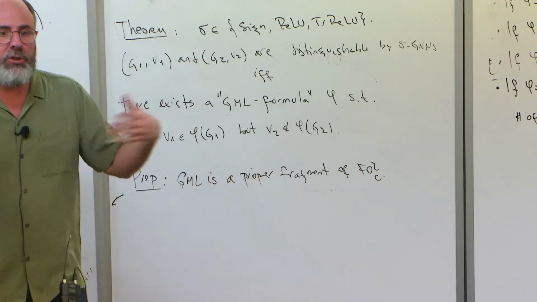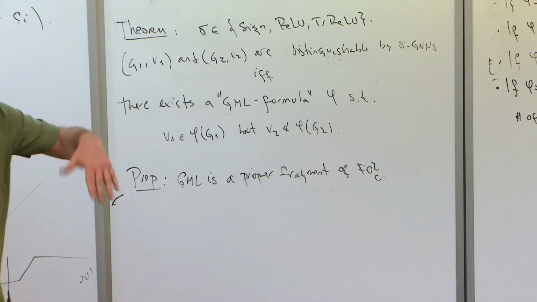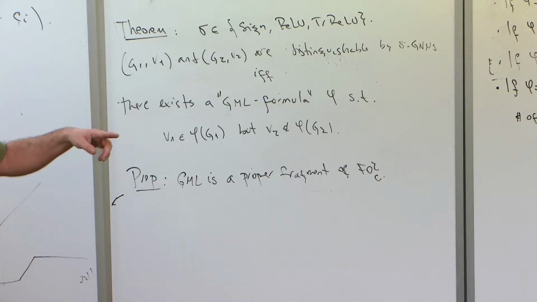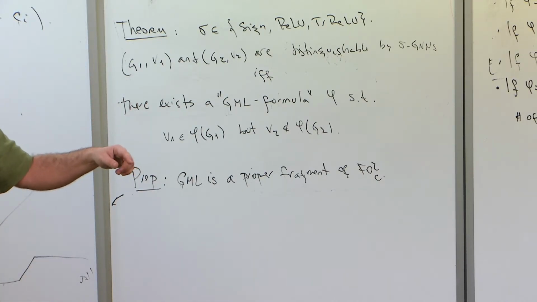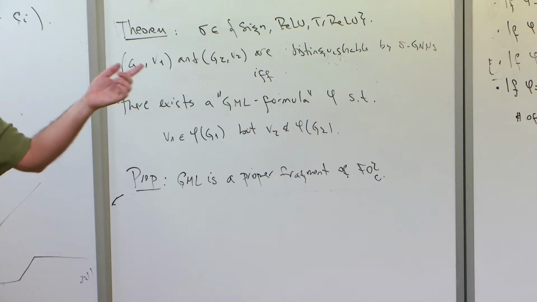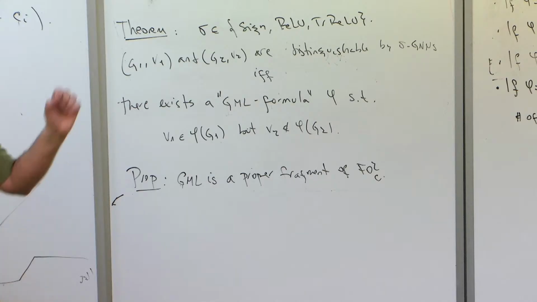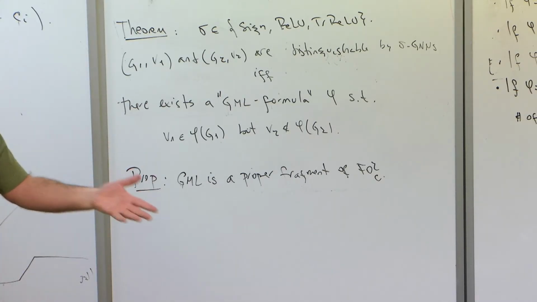I'm not doing any kind of readout here. I'm just asking whether I can distinguish these two nodes in these two graphs. So if I have a cycle and a larger cycle, no sigma GNN will be able to distinguish a particular node. With a readout, yes.